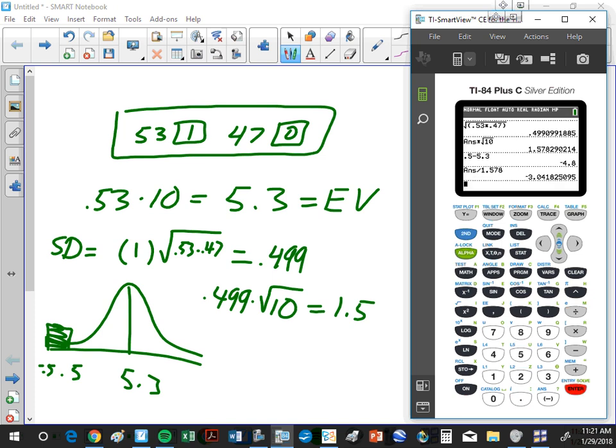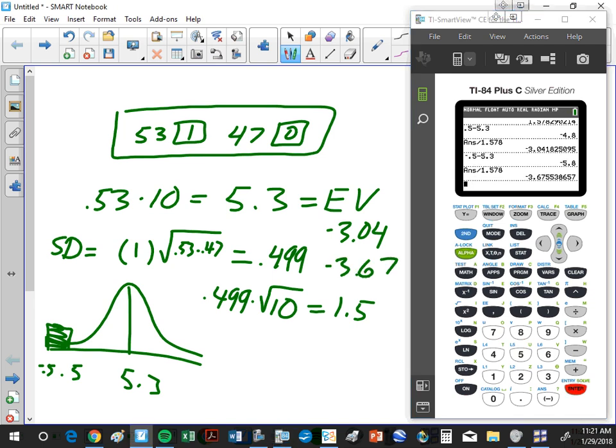So the right z-score is negative 3.04. And then the left one would be negative 0.5 minus 5.3, divided by 1.578, and I get negative 3.67. Now I need to find the area between that.